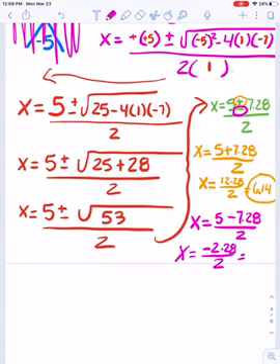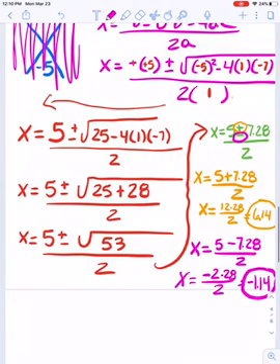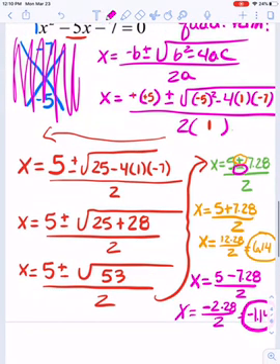Now that I've simplified, looks like my second answer is a -1.14. So those are my two solutions to my quadratic, or sometimes we call those zeros, sometimes we call them roots. Again, another word for those are our x-intercepts. That's 6.14 and -1.14.